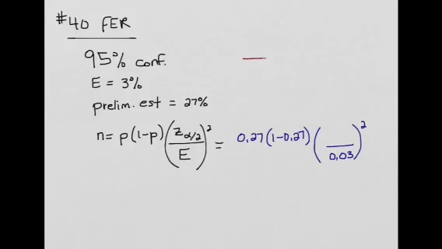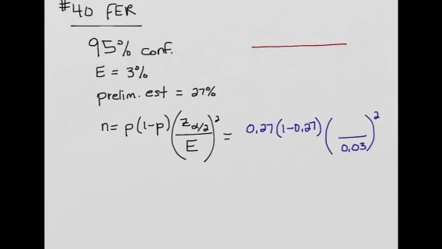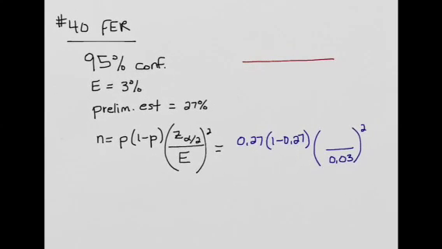Okay, so now we have 95% in the middle, which means that there's 5% left over, and that's 2.5% in each tail.